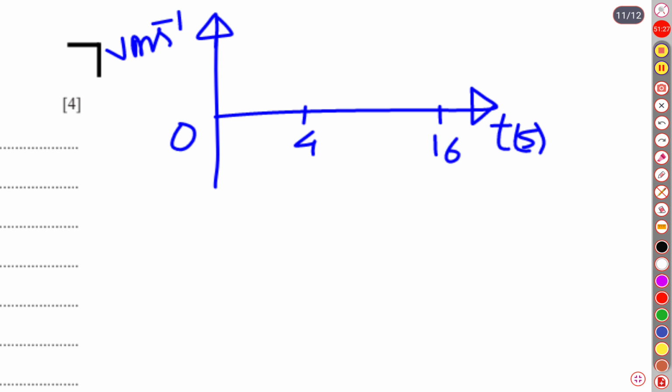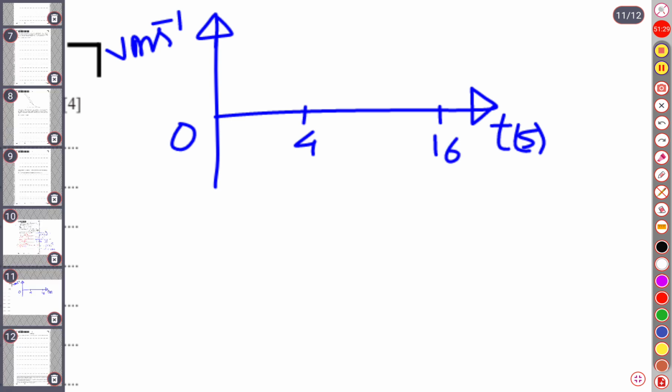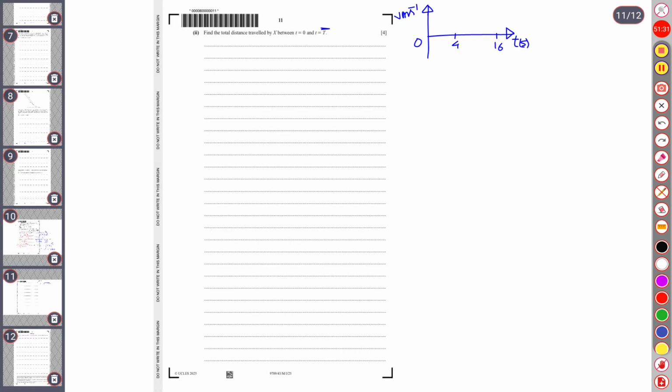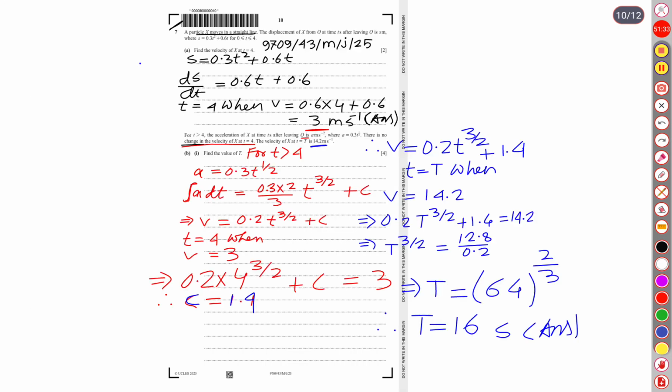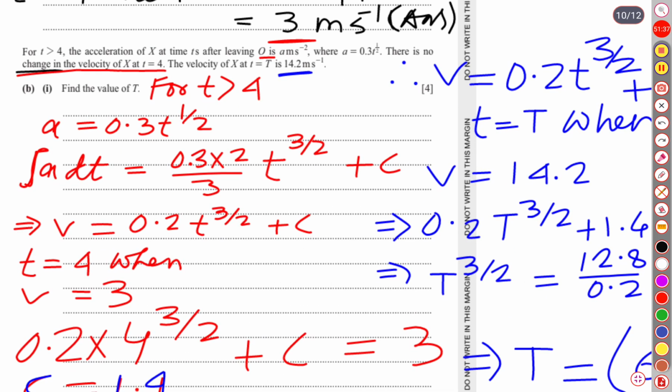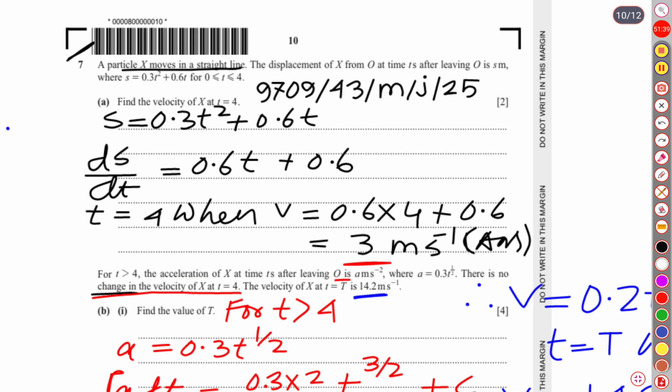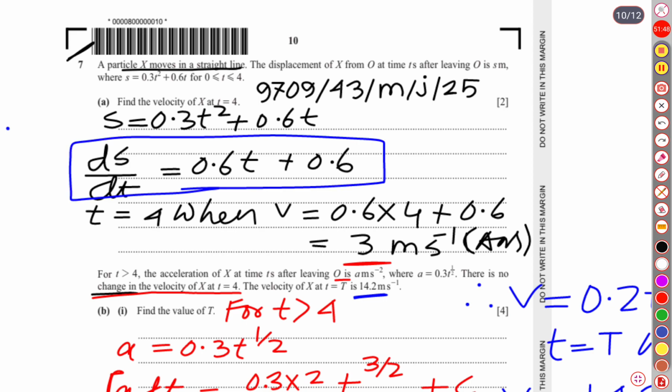So let us see what was the nature of the first one. For the first 4 seconds our velocity expression was this. It is actually 0.6 plus something in t. That means it's a positive linear graph, so it's a straight line.